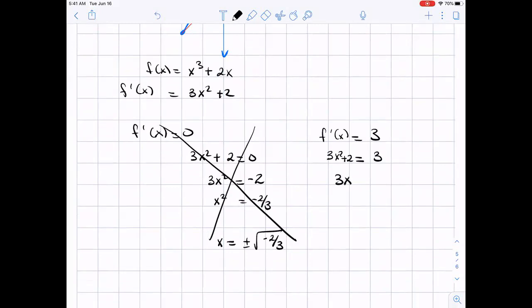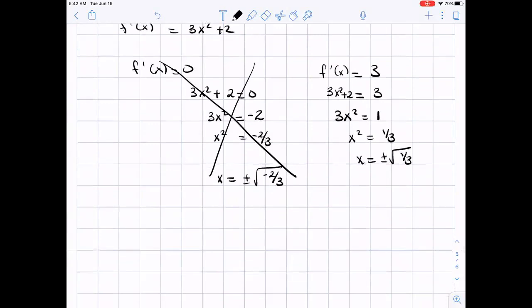So 3x squared is equal to 1. X squared is equal to 1/3. X is equal to plus or minus the square root of 1/3. Okay, so we have two values of c here.